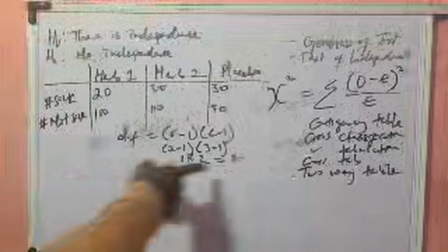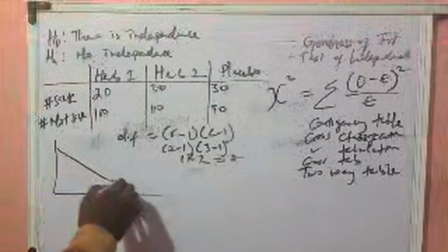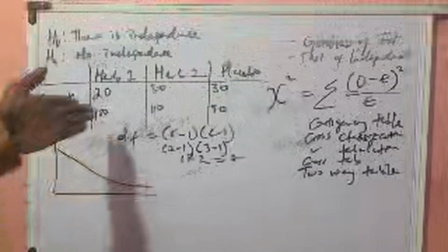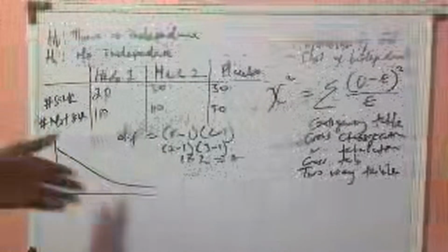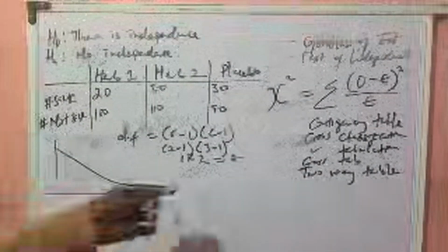So for this one where degree of freedom is 2, our table may look more like this. Just remember, it's never a symmetric distribution. It's always a right-skewed distribution.